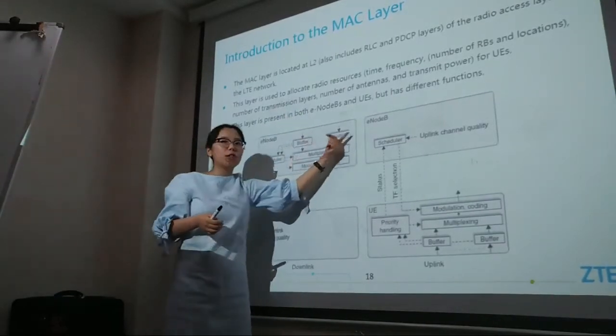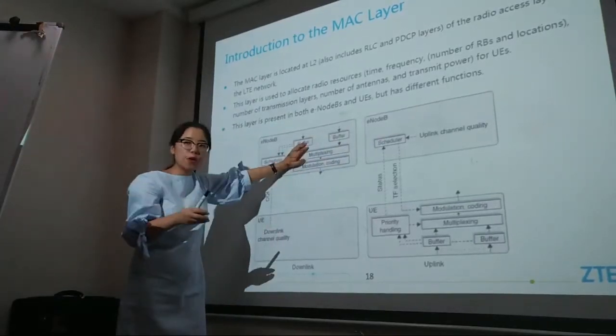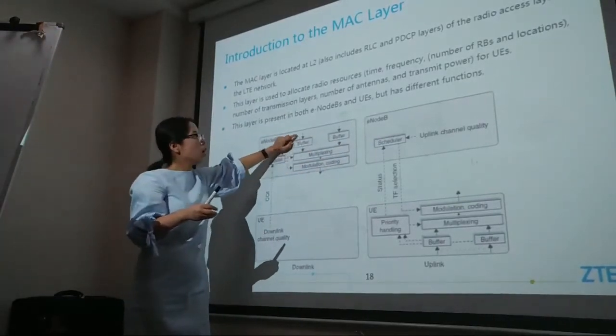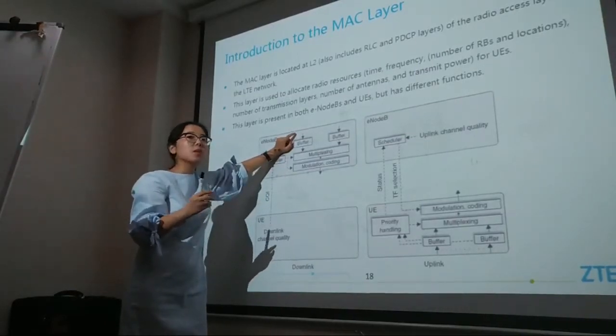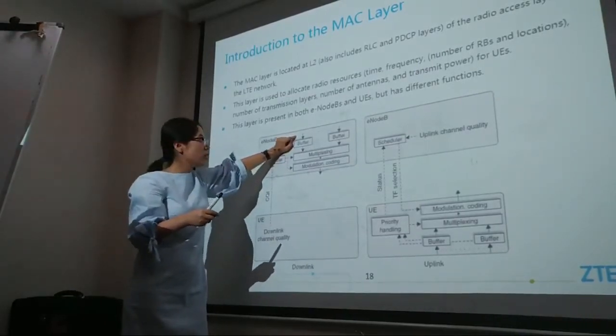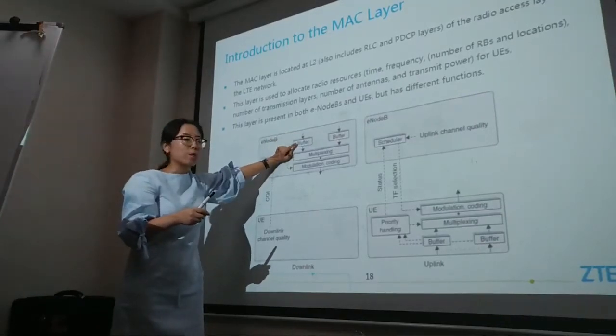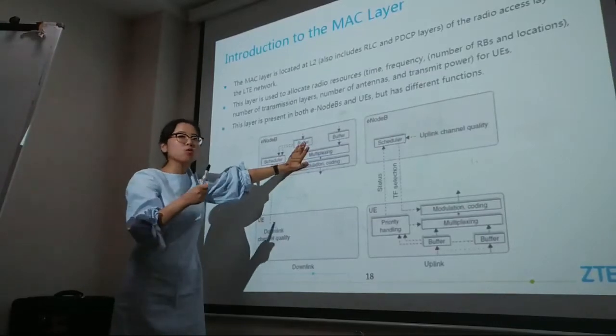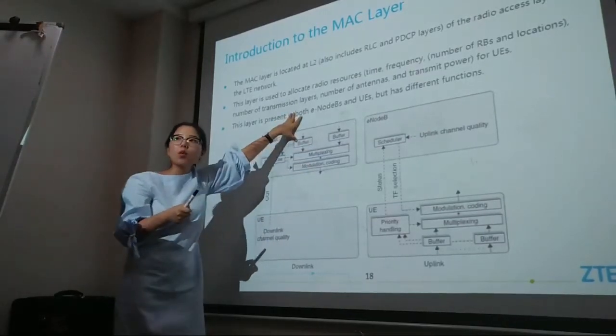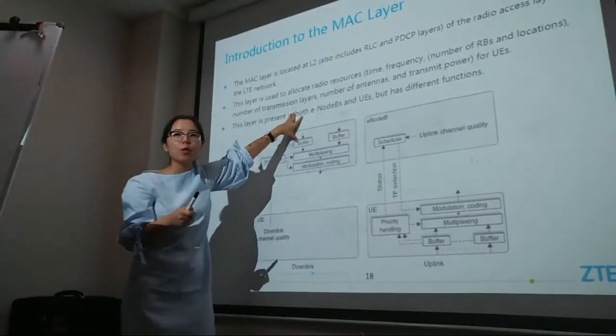So we have a buffer. We first store the information, the packets, maybe data, maybe signaling, in the buffer. From the RLC to the MAC layer, which channel is that? The logical channel, right?